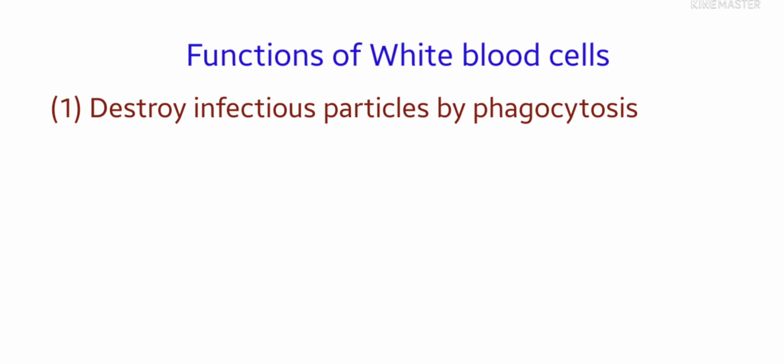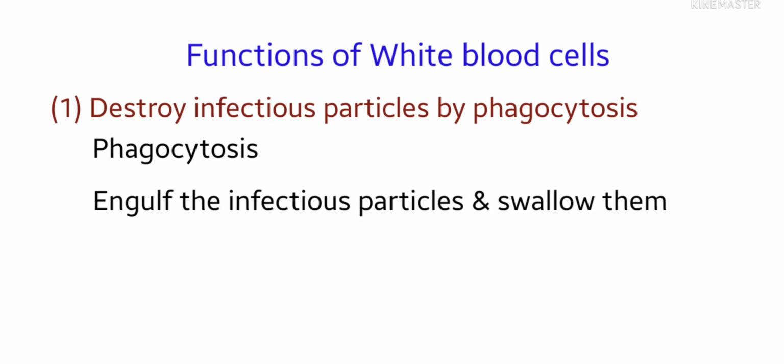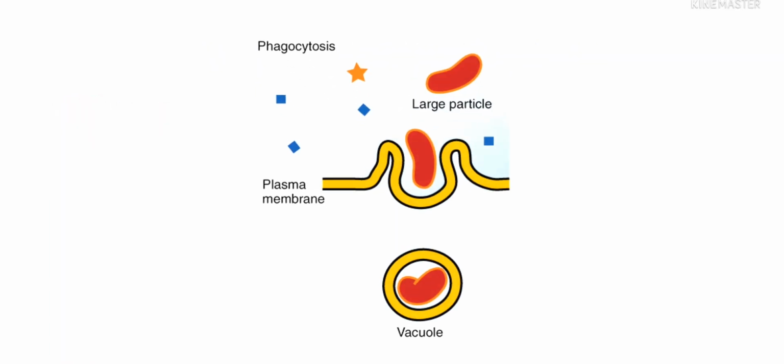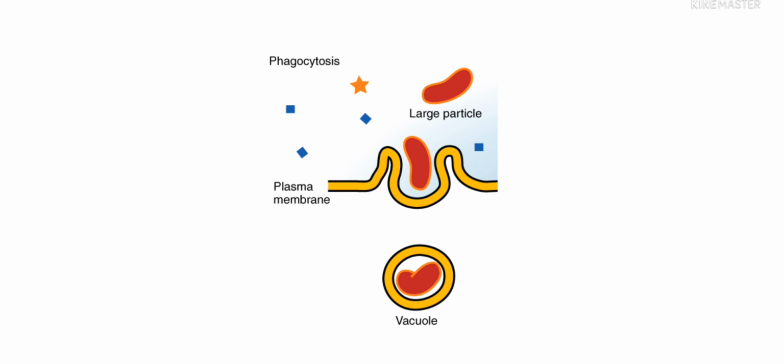Let's look at the functions of white blood cells. White blood cells destroy infectious particles that enter the body by a process called phagocytosis. They engulf the bacteria or germs and swallow them. So, the percentage of white blood cells increases during microbial infections.